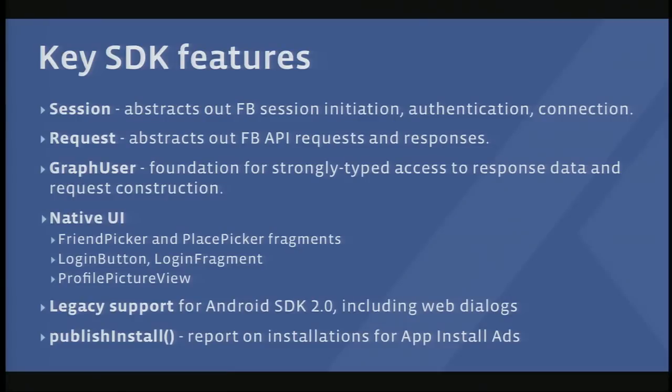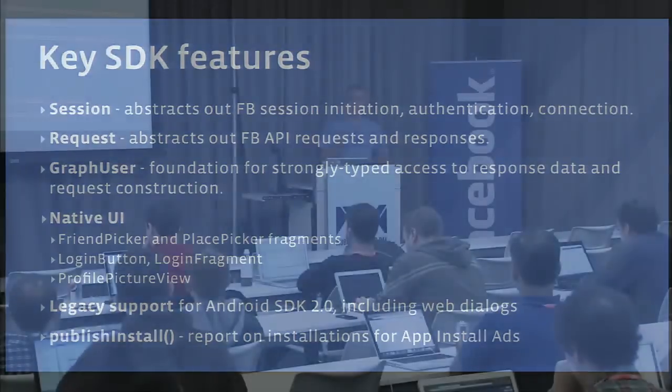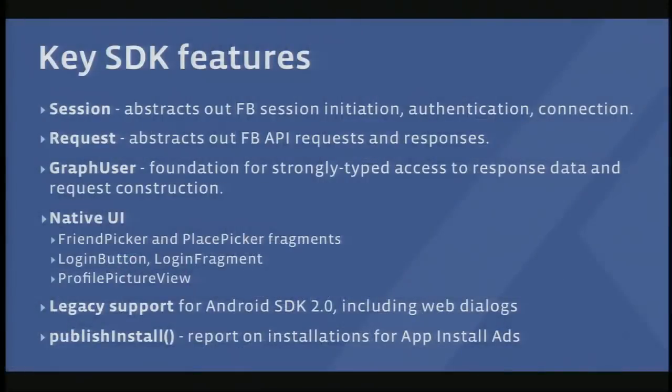One of the things we didn't talk about here, which is very important, is anybody using the 2.0 version of the SDK in this room? Okay, great. So we have explicitly added legacy support for Android SDK 2.0. And what that means is that when you install the 3.x SDK, it's source code compatible with the 2.x API and SDK.